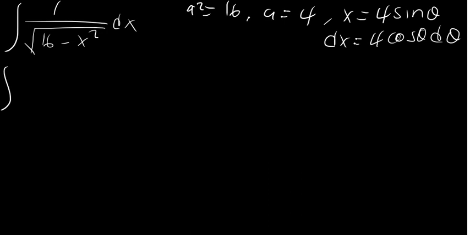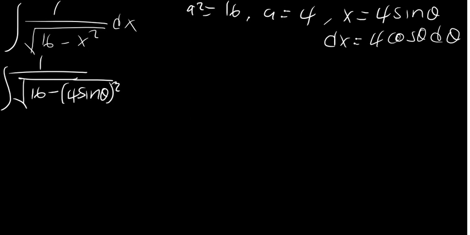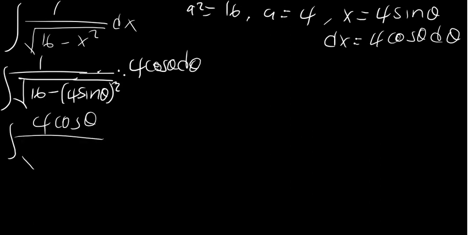We have 1 on top, and 16 remains constant, 16 minus x, which we made 4 sine theta, but squared, times 4 cos theta d theta. The same method which we used in the previous example. 1 times 4 cos theta, so we have 4 cos theta on top, and at the bottom we have 16 minus, let's now factor out that one.